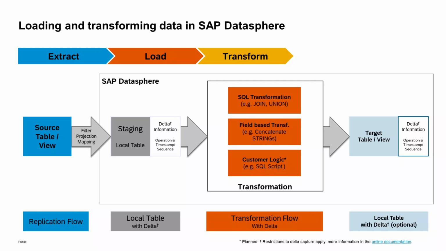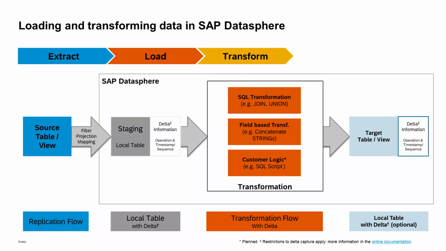But from there on, the replication flow will bring only new and changed data into the staging table, and the transformation flow will also only process new and changed data in order to write it into a target table.